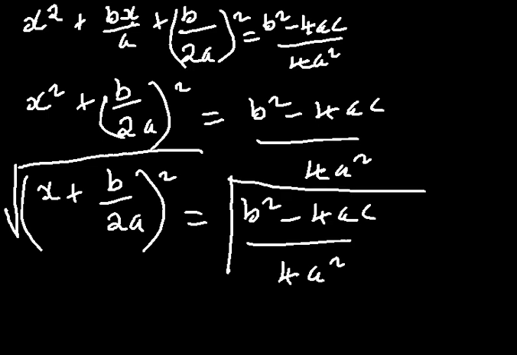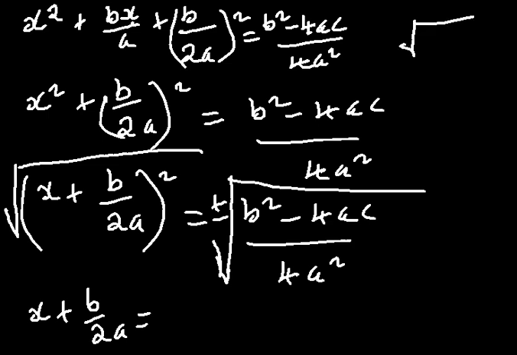For this case, we'll have plus or minus on this side. Therefore, we have x plus b over 2a, which is equal to. Now, keep in mind that the square root of a over b is the same as the square root of a divided by the square root of b.